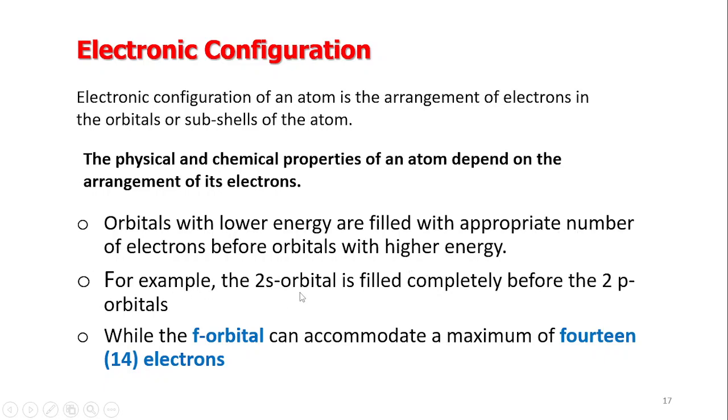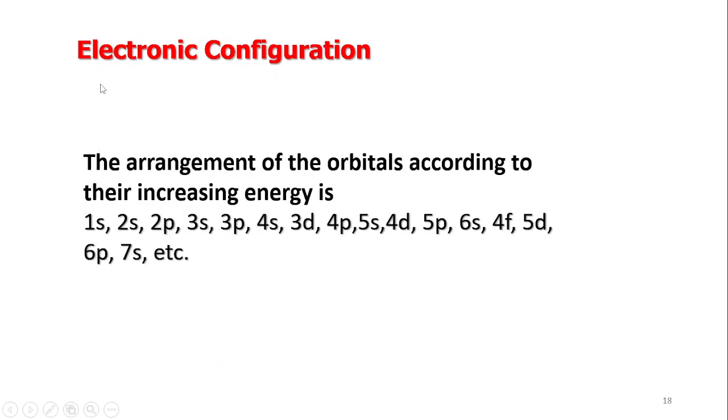For example, the 2s orbital is filled completely before the 2p orbitals. So now the electronic configuration, the arrangement of the orbitals according to their increasing energy, is this. We need to understand this, and we'll put it into practice soon.